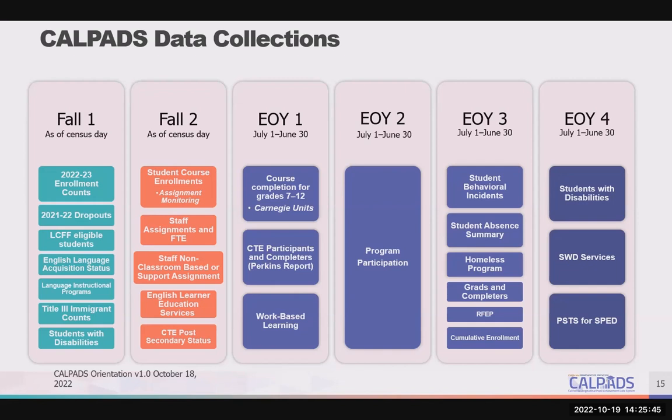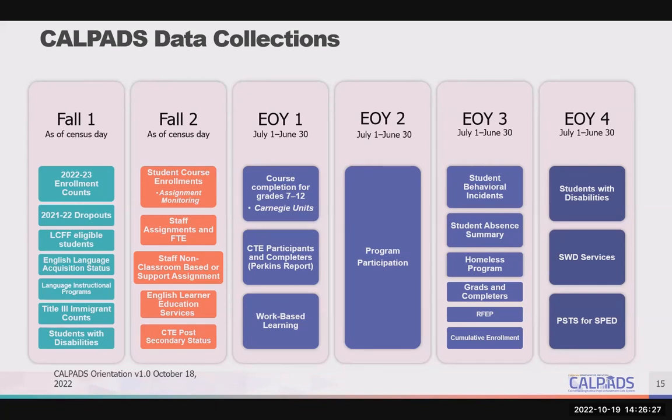Total count of students reclassified as fluent English proficient, RFEPs, are also included in EOY 3, and the cumulative enrollment report. And the cumulative enrollment is for the academic year, and it's used in various rate calculations. It includes total primary, secondary, and short-term enrollment counts, and their group and certified census day enrollment count is provided for comparison. And just as with EOY 2, all LEAs must certify EOY 3.